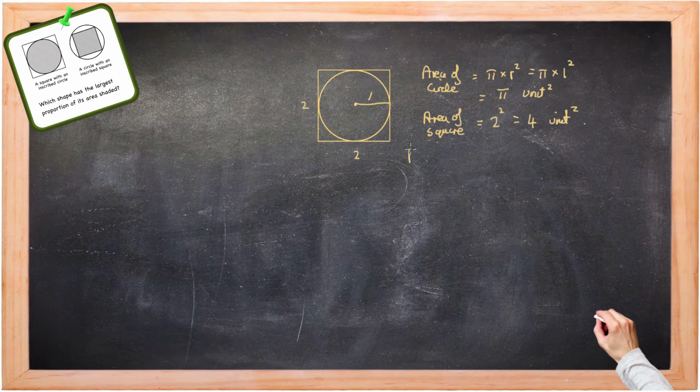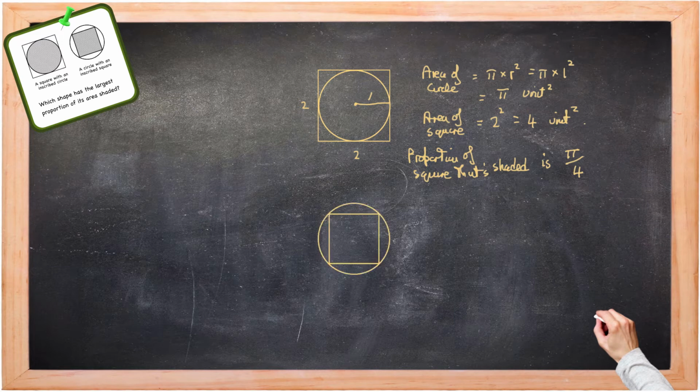So the proportion of the square that's shaded is the circle compared to the whole square. That's pi compared to the whole square of 4. So pi to 4.